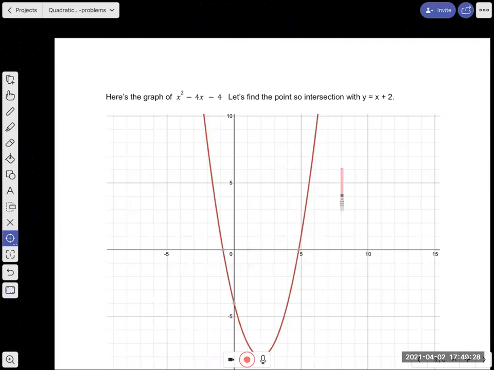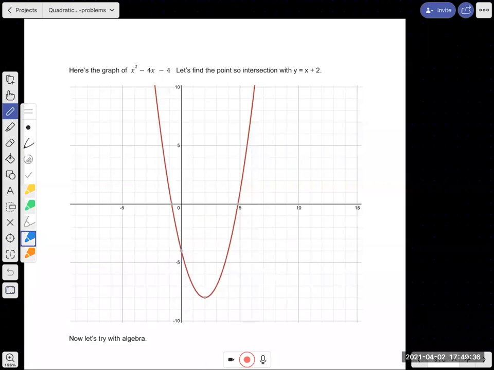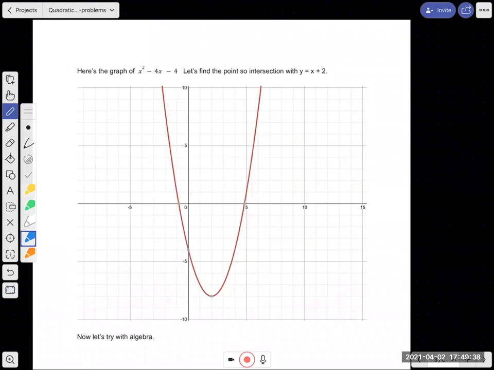So let's see where this intersects with y equals x plus 2. Okay, so remember y equals x plus 2, that long ago thing we did where we made lines based on the equation. And if you're not sure about that, you can make a little table of, well, what do I have with x and y? So if I put in 0, I get 2, 1, I get 3.